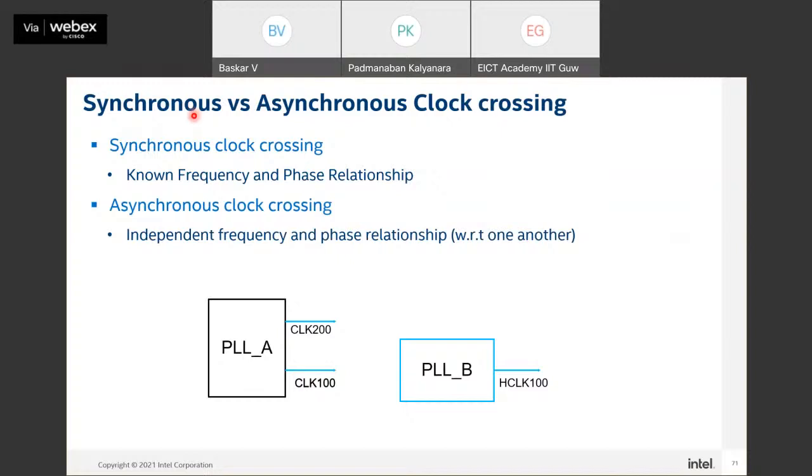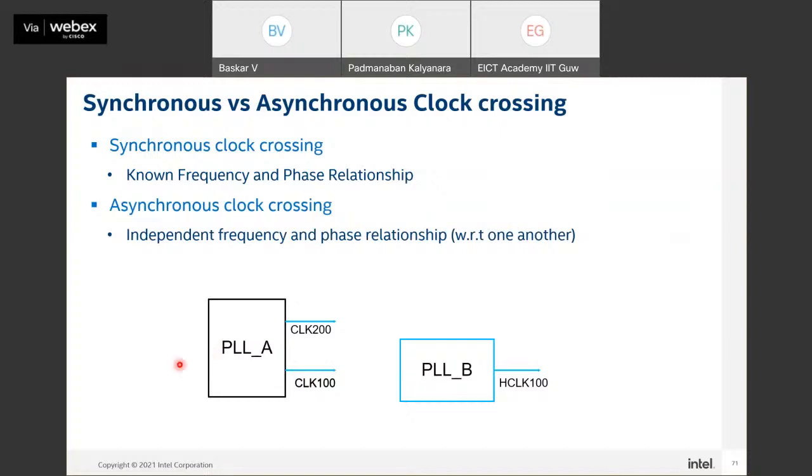So now let us go a little bit deeper into what is clock crossing and what is meant by synchronous and asynchronous clock crossing. Synchronous crossing means, say you have a clock source which is from a PLL. We all are aware of what a PLL is. A PLL is a device which generates a clock.